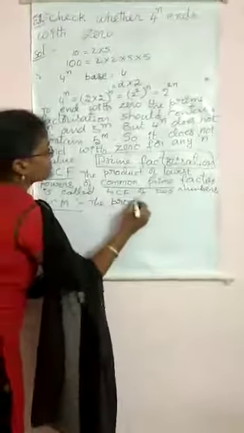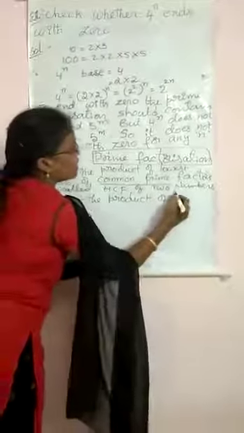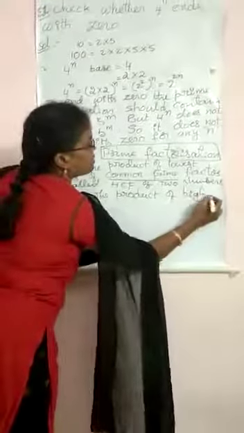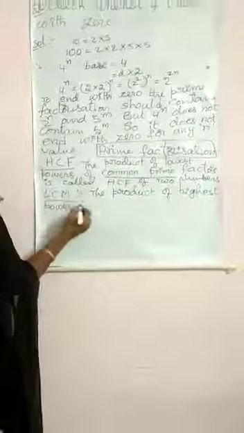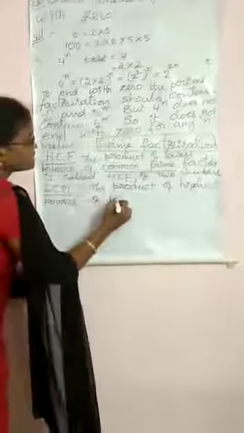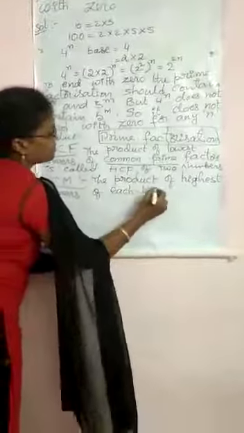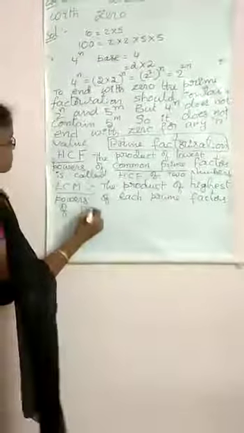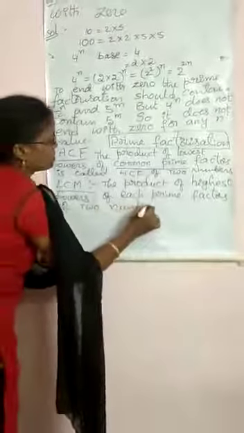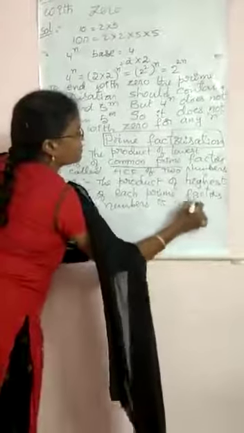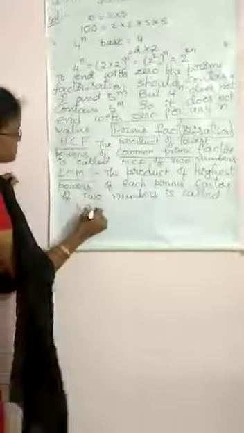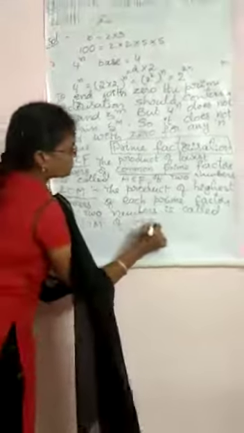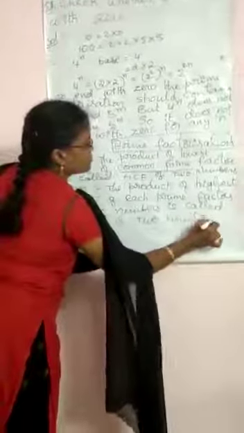The product of highest powers of each prime factor of two numbers is called LCM of two numbers.